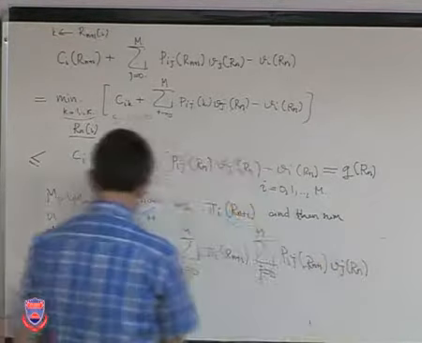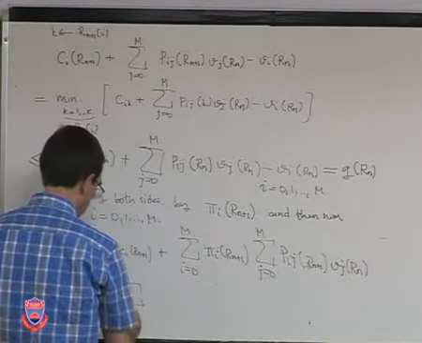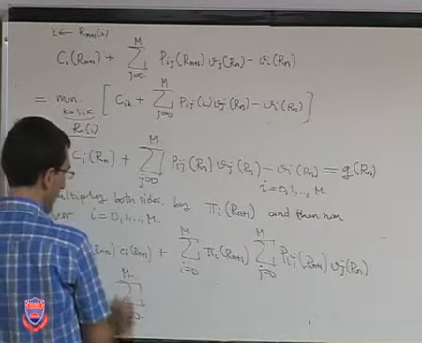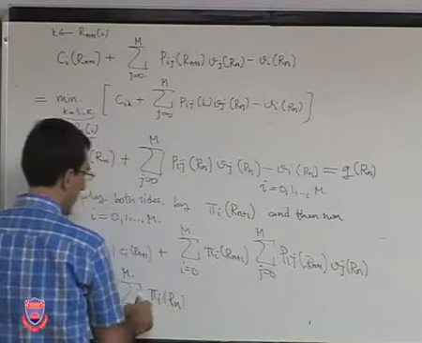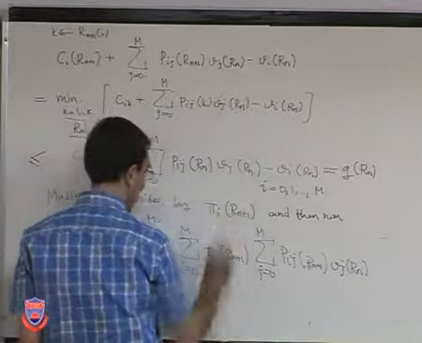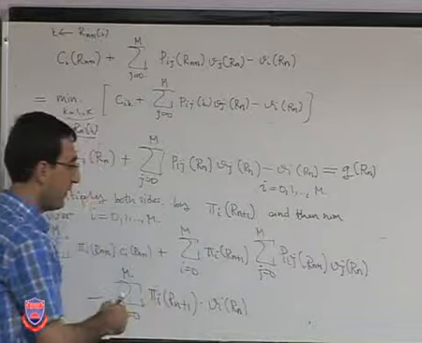Let me write here, minus the same sum over I, from 0 to m, of pi I of Rn plus 1 times the relative value of state I under the old policy.